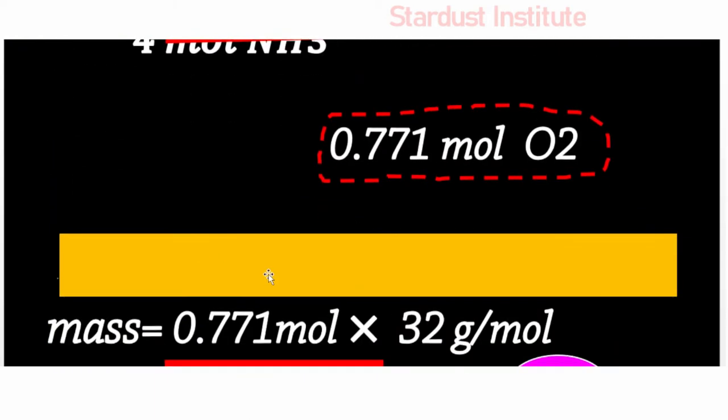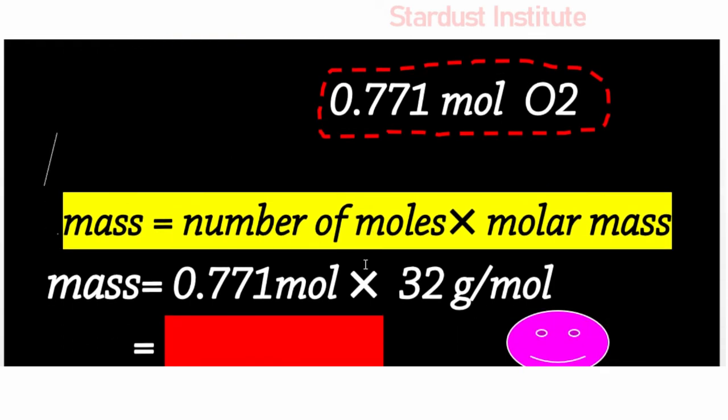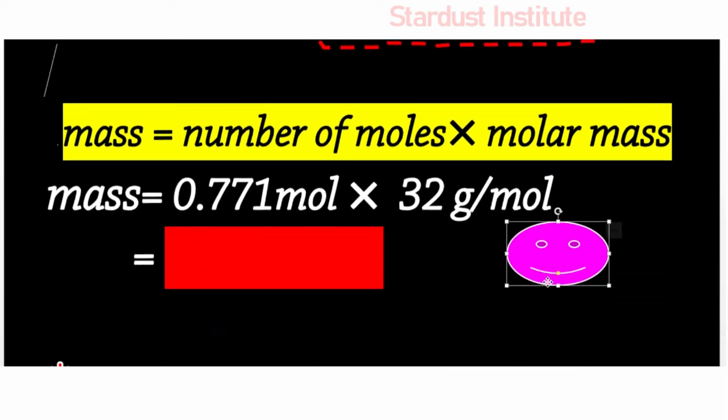We know mass equals number of moles times molar mass. Number of moles we have found: 0.771 moles of O2 times molar mass of O2, 2 oxygens, here 32 gram per mole.